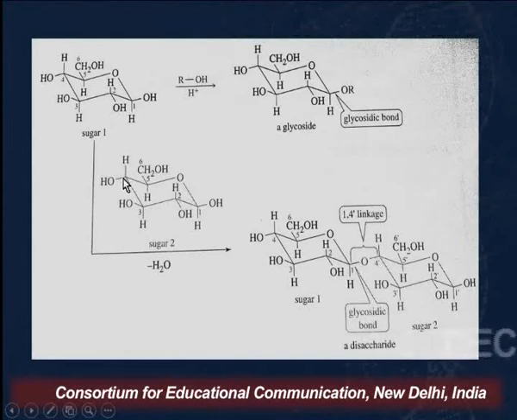It may be one of the hydroxyl groups at the second, third, fourth, or sixth carbon, or the reaction may even be between the two anomeric OH groups, which are attached to two anomeric carbons.